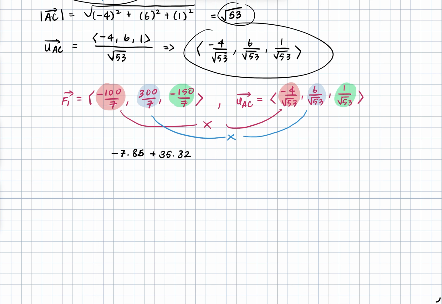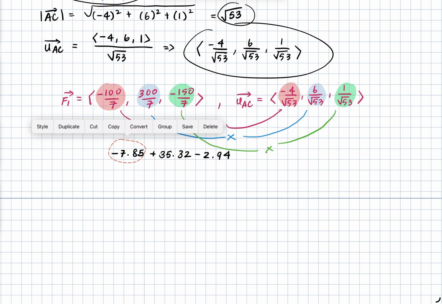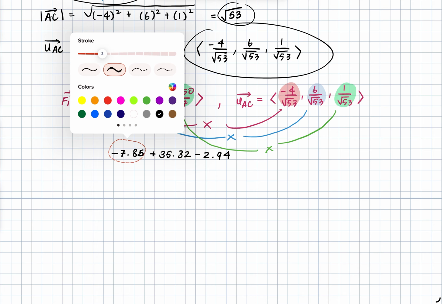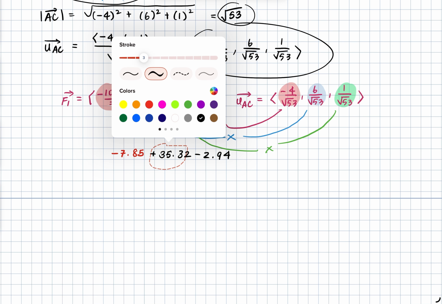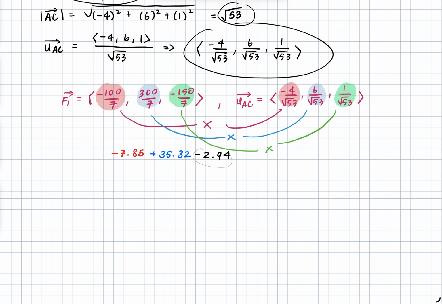And then if I do the z's together, negative 150 over 7 times 1 over root 53, I'm going to get minus 2.94. So let me color code these real quick. So I'm going to make this pink or red, and then this is going to be blue, and this is going to be green.